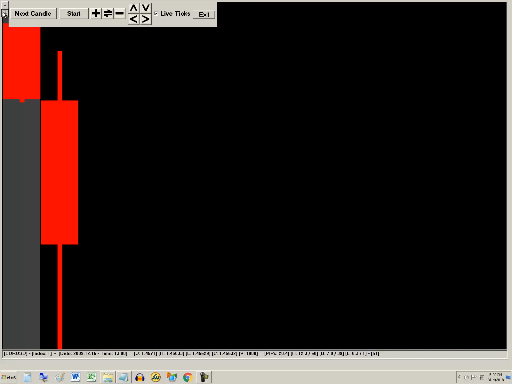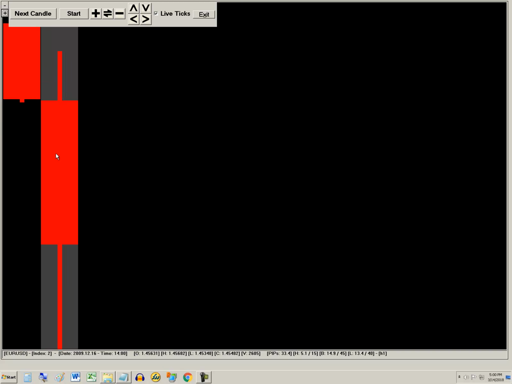It's taken me a while to get it to this place where I'm really happy with it, and it's purely data driven. The best way to show you that is live ticks, and I'm going to speed this up as fast as I can.